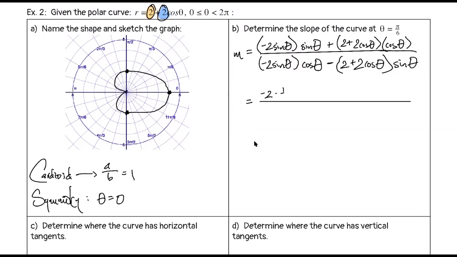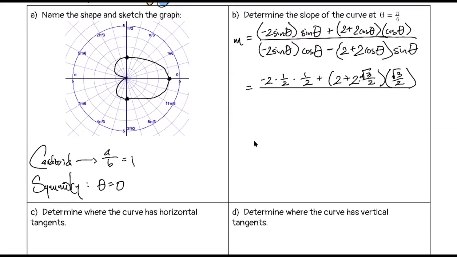Negative 2 times 1/2 times 1/2 plus 2 plus 2 cosine of that is √3/2, and then √3/2. I'm going to do the same thing in the denominator, negative 2 times 1/2 times √3/2 minus 2 plus 2 times √3/2 times 1/2.